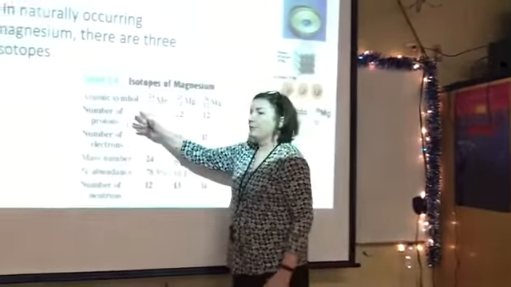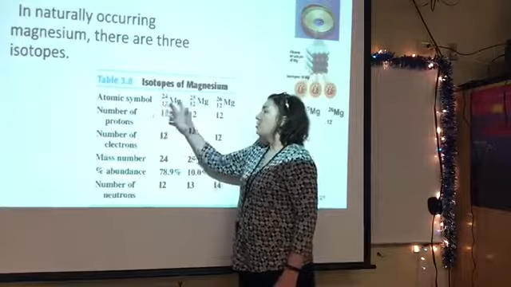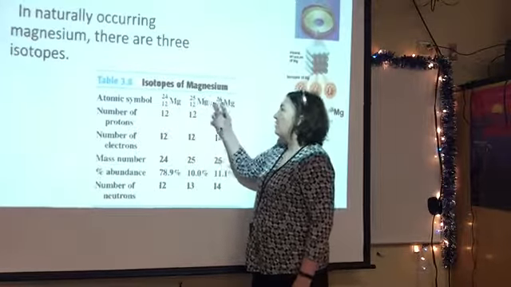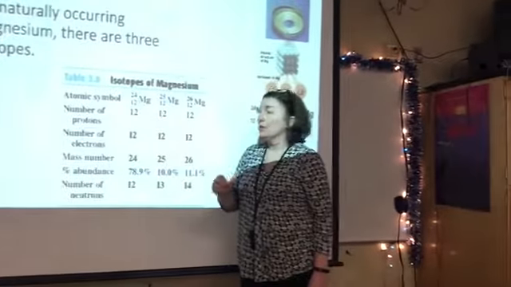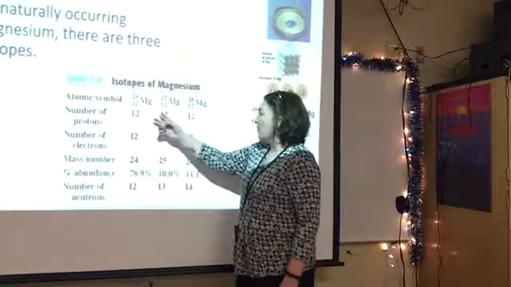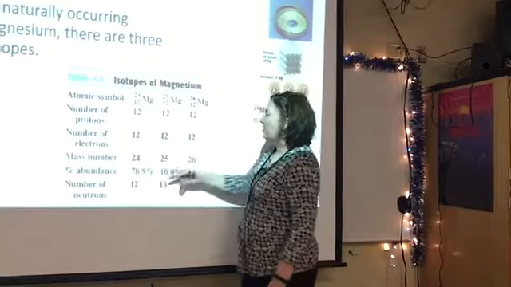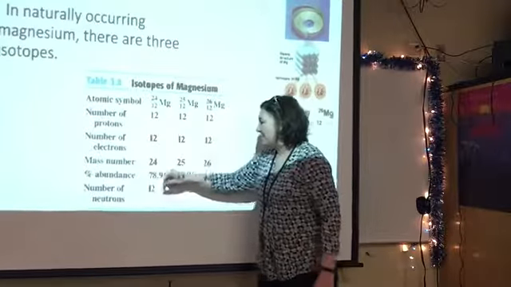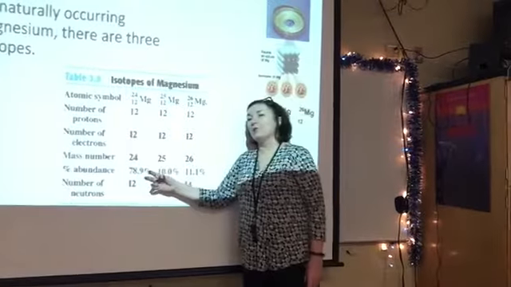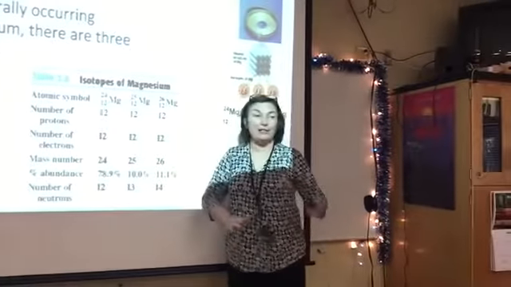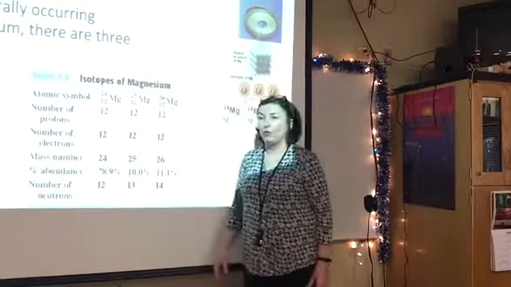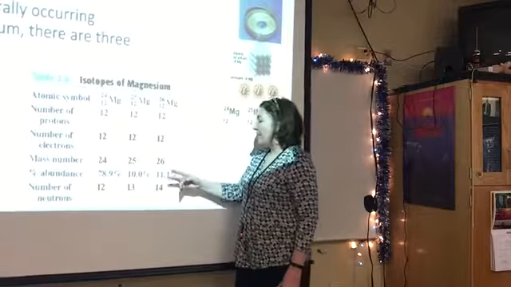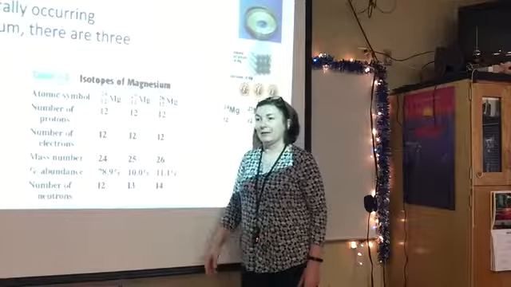So if you look up here, magnesium has 3 different isotopes. It has magnesium 24, 25, and 26. Here we talk about the number of protons, number of electrons, number of mass number, okay? Here's our percents. 79% of all the magnesium isotopes are magnesium 24. 10% is magnesium 25, and 11% is magnesium 26.